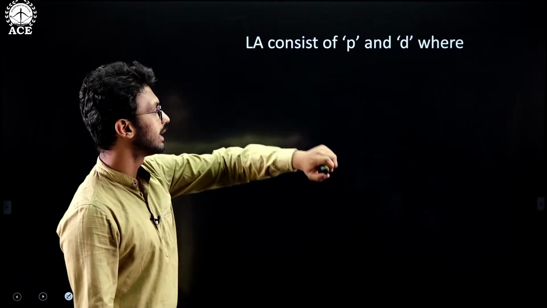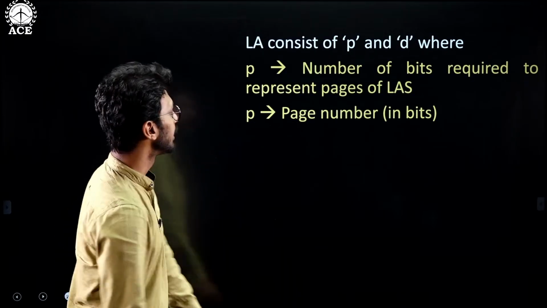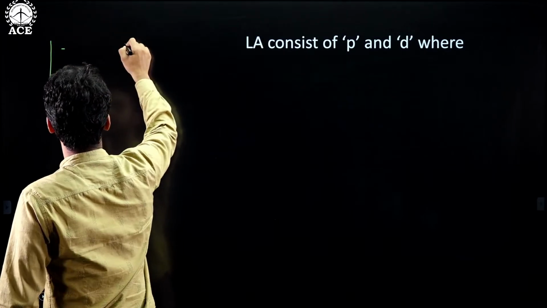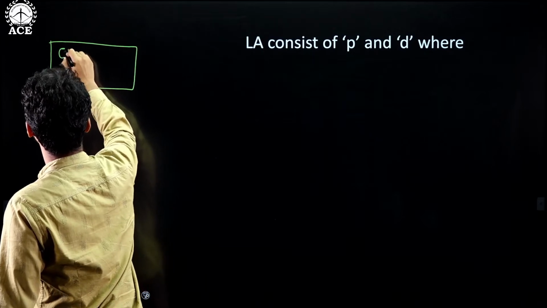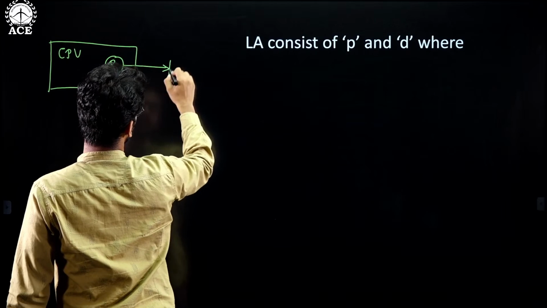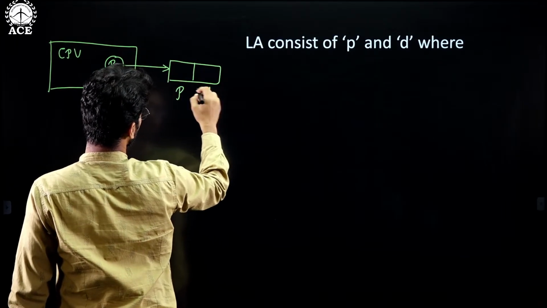Logical address consists of P and D, where P is, okay, this is just terminology. Have a look at this one. Let's say this is the processor P, it generates the logical address PD.